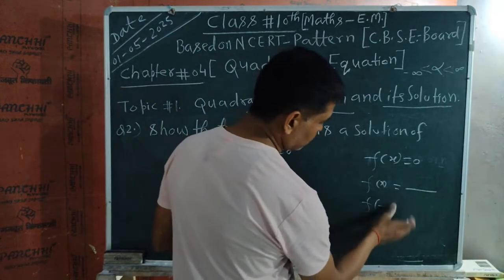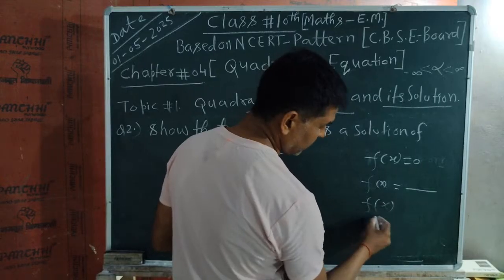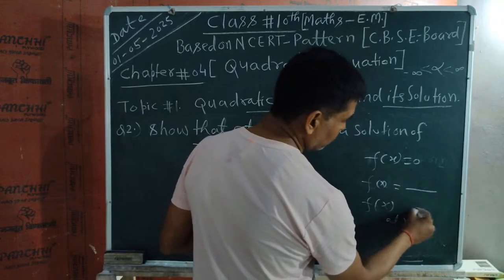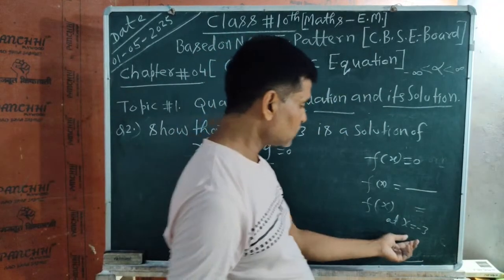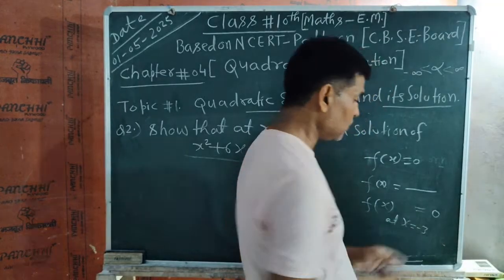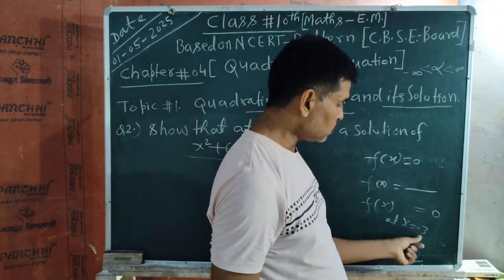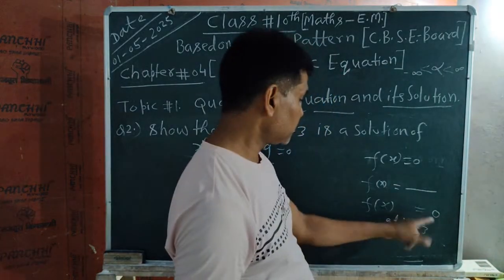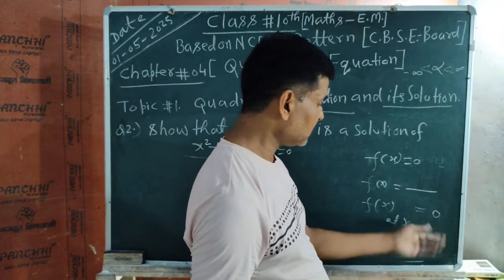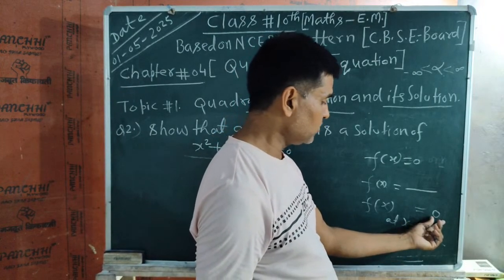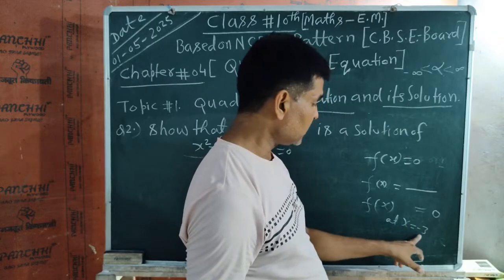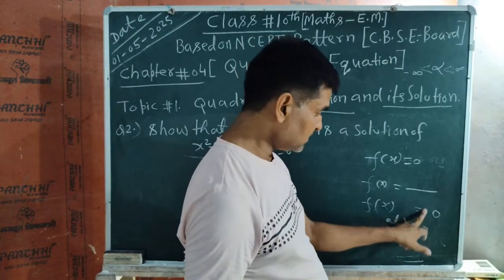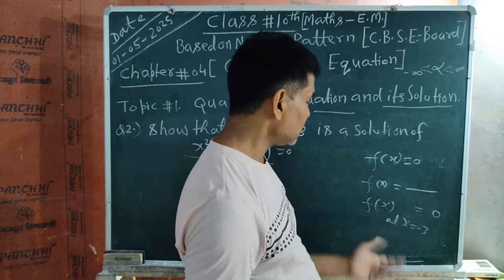So I have to find the value of f of x at x is equal to minus 3. And when we calculate its value at x is equal to minus 3, it will become 0. So I will say x is equal to minus 3 is the solution of the given quadratic equation. If the right hand side value is 0 at x is equal to minus 3, it means x is equal to minus 3 is the solution. So if it is satisfied, it is valid, so I will say hence proved.